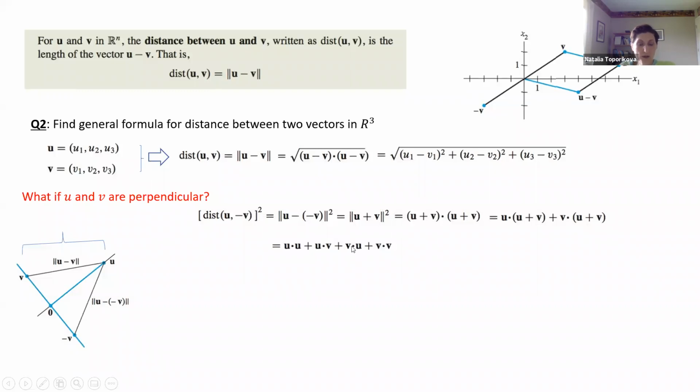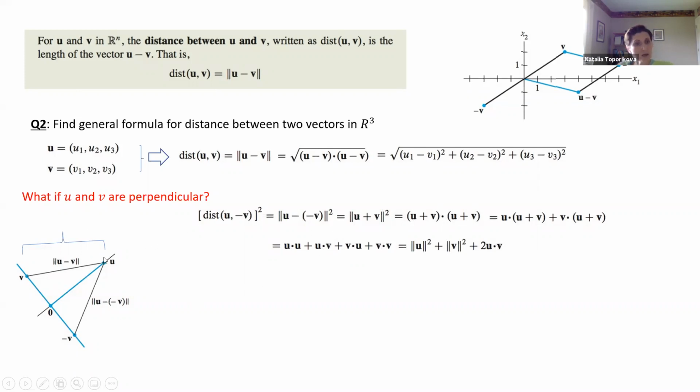By the property of dot products, u dot v is the same as v dot u. Also, the dot product of vector u with itself equals the squared length of u, and the dot product of v with itself equals the squared length of v. So we end up with an interesting formula for our left hypotenuse.